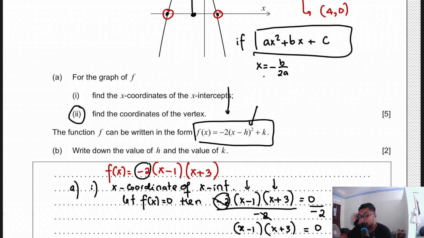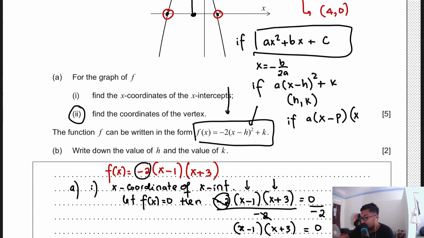Then if they give you the form a times x minus h squared plus k, you don't have to think that much. You can just consider h, k as the vertex. But if they give you a times x minus p and x minus q, that means h of the vertex equals p plus q divided by 2.